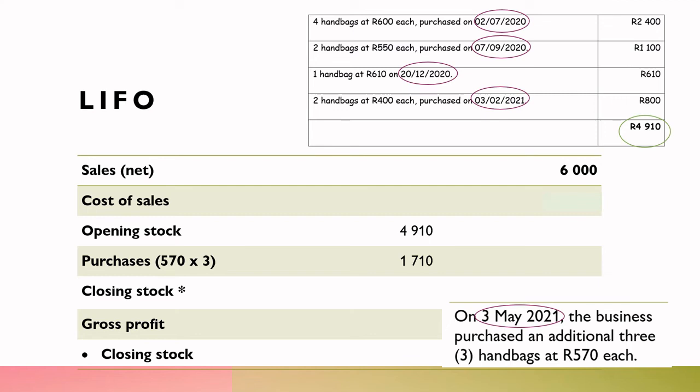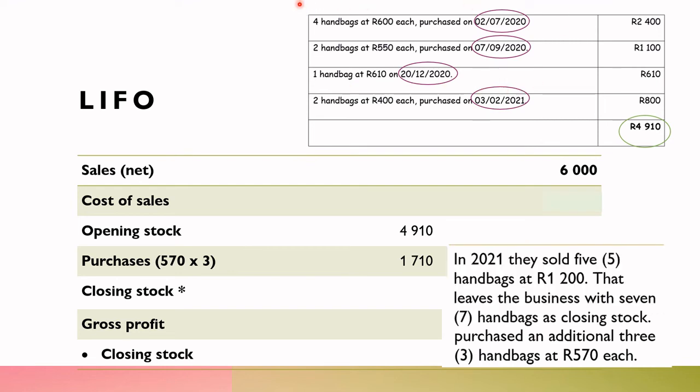So with last in, first out, we are going to look at last purchased, first sold. So we sold 5 items. There's 3 handbags here and 2 handbags there. Therefore, what is left in stock is these items above.